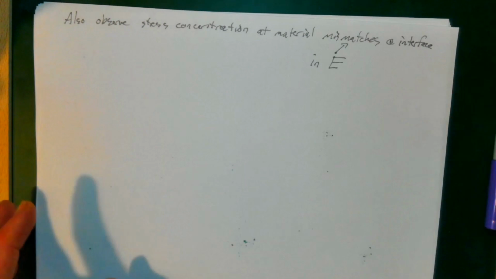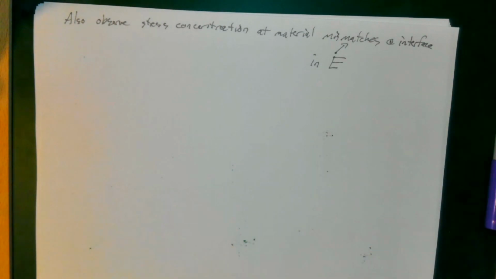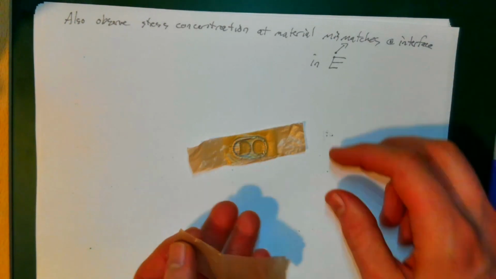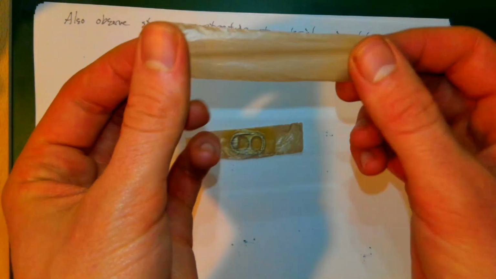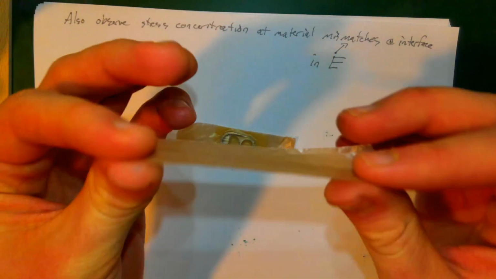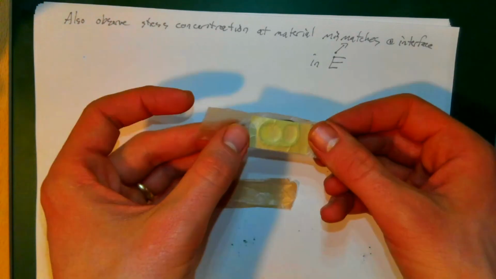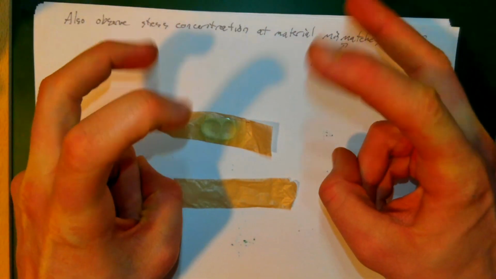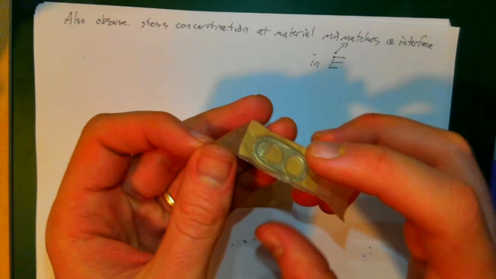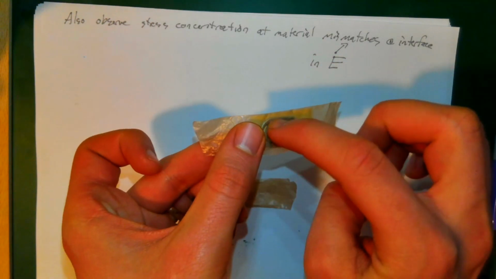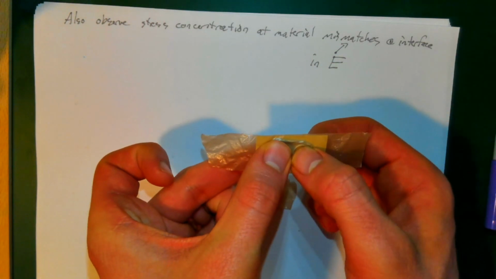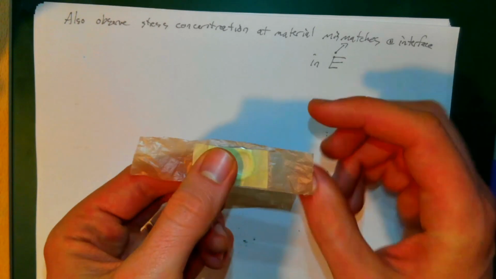So what does that mean here? Well, we can look at this live demo that I have here. So I basically have, again, a strip of just a grocery bag here, and then this other one, I've reinforced it by taping a metal piece to the very center of this plastic right here.